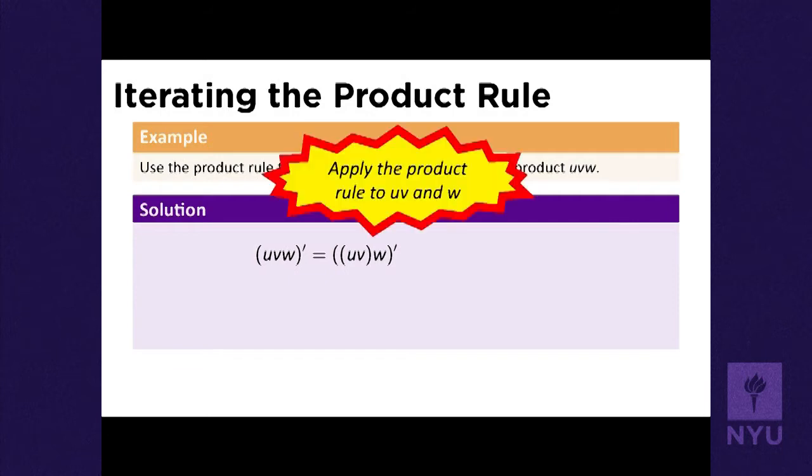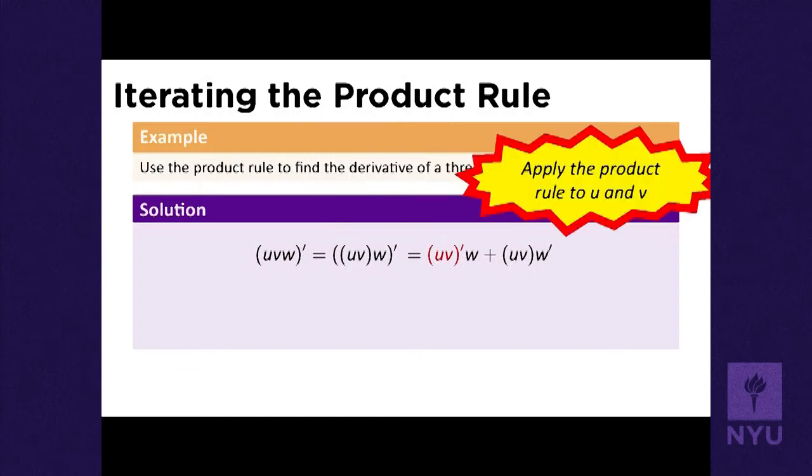If I do that, then I get, well, ho d hi, hi d ho. There you go. uv prime times w plus uv times w prime. Now, uv, I can remember now, is a product. So to find its derivative, I can apply the product rule to u and v.